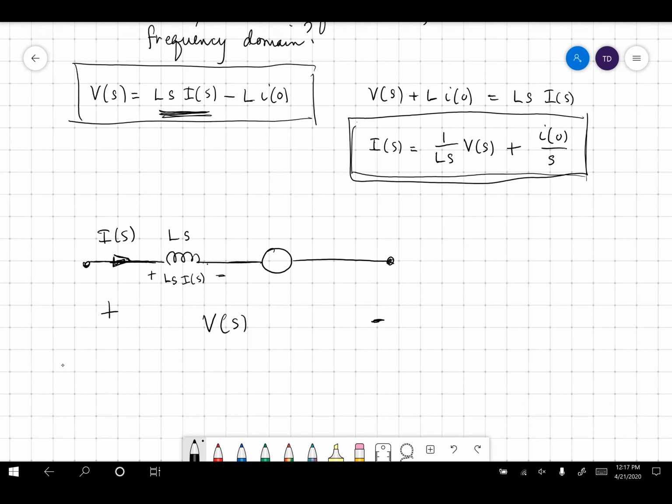Then I still have minus L times I at 0. So this is a constant value. I at 0 is constant, L is a constant. So that's a number. But there's a negative sign, which tells me that the direction of this is opposite of this direction. So this one goes plus to minus, this one must go minus to plus.